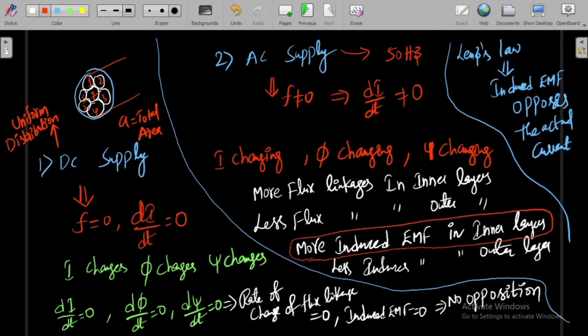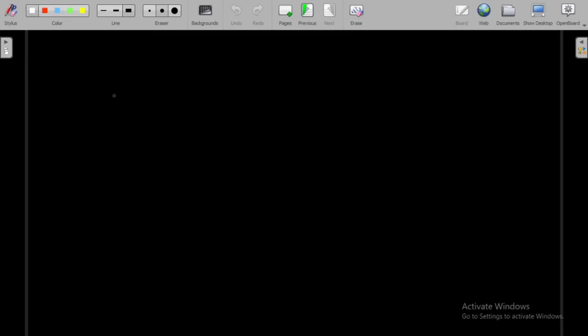More induced EMF in the sense more opposition. Less induced EMF in the sense less opposition. Through the inner layers the current is opposed to a larger extent, whereas through the outer layers the current is opposed to a lesser extent.